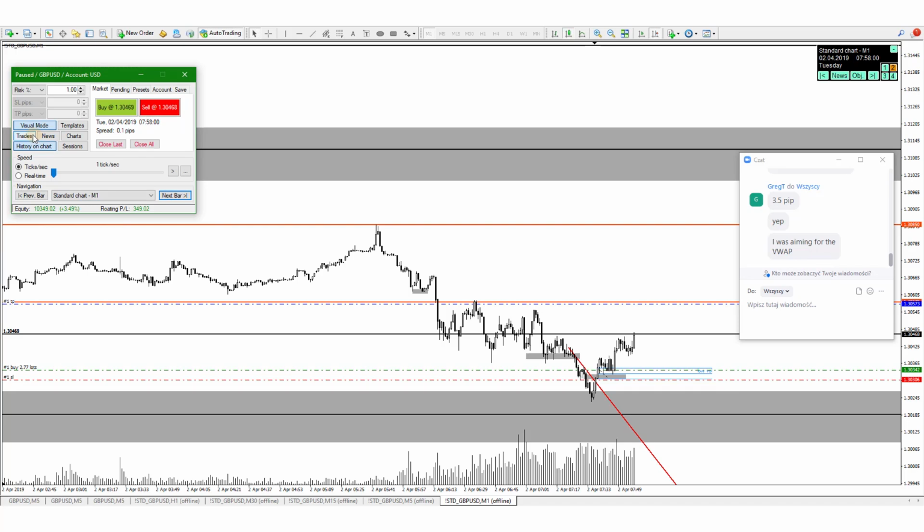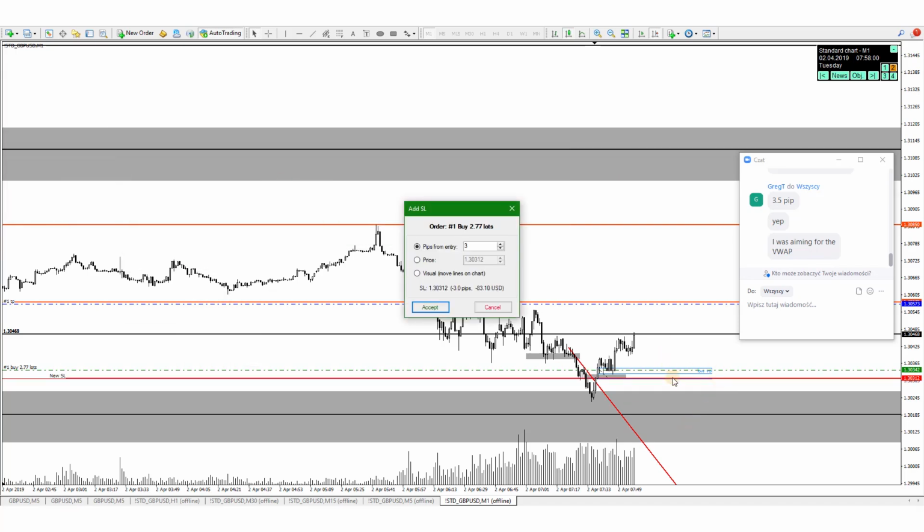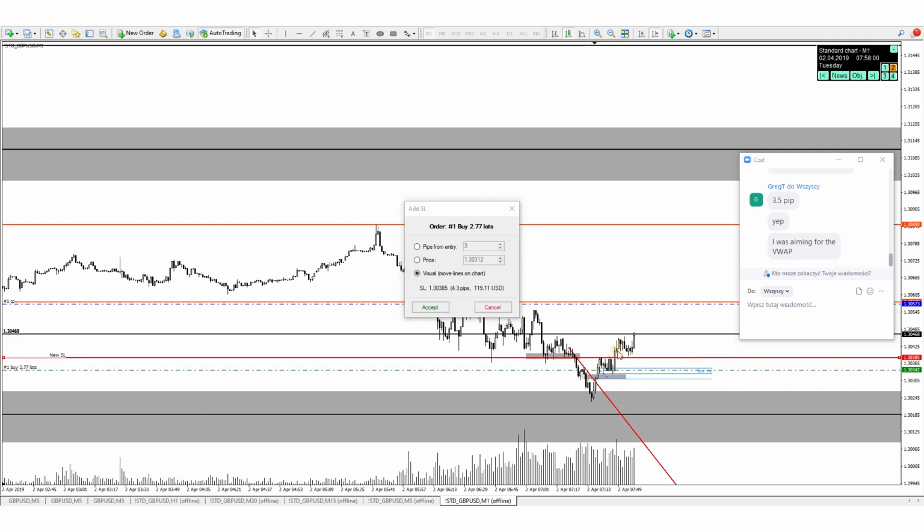So as I really don't feel very good with this position, I'm moving my stop loss. I'm moving my stop loss here below this range, just to be 1 to the 1, over 1 to the 1 and plus.